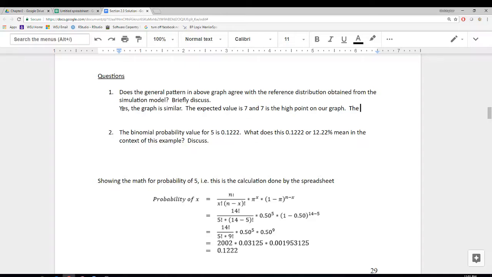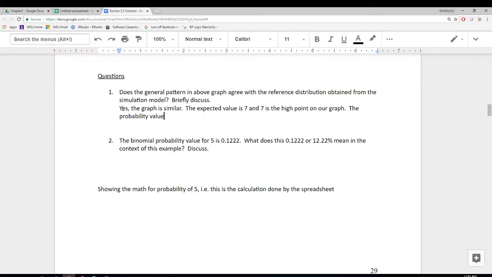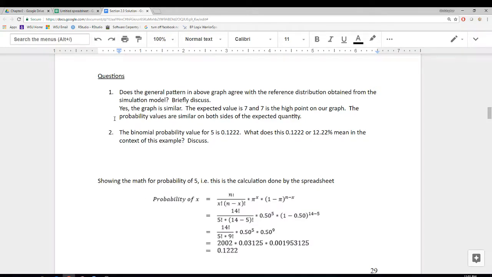The probability values are similar on both sides of the expected quantity. So again, they have that symmetry there.